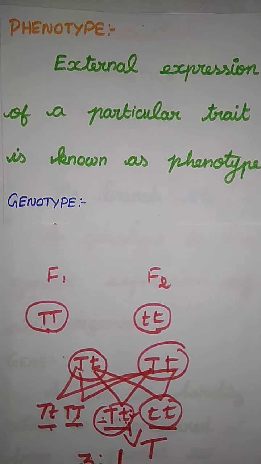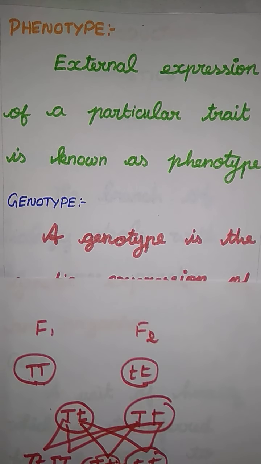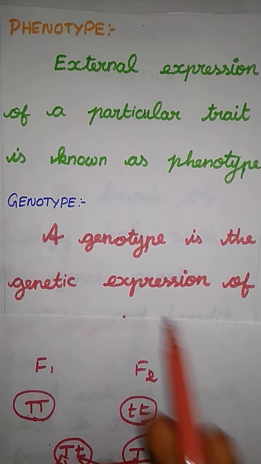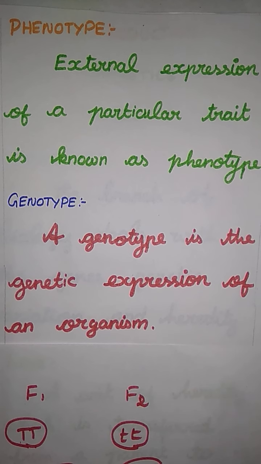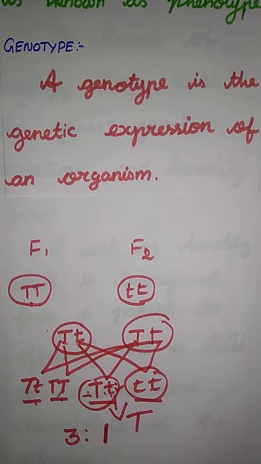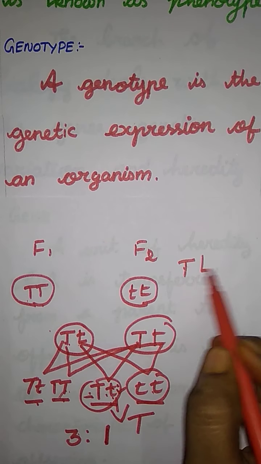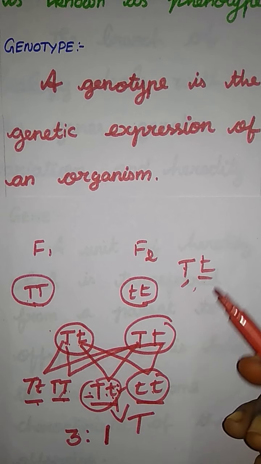And the next one is the genotype. A genotype is the genetic expression of an organism. Here we take a tall plant and a dwarf plant; both of them separately express their gene.